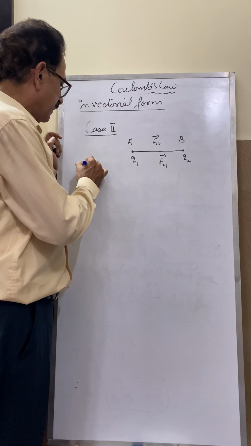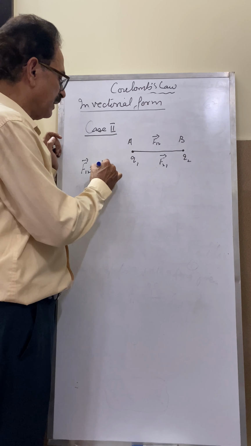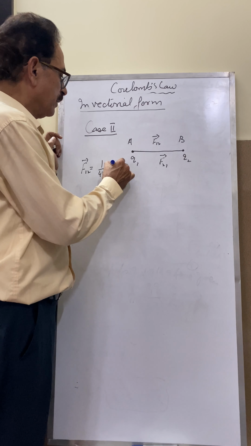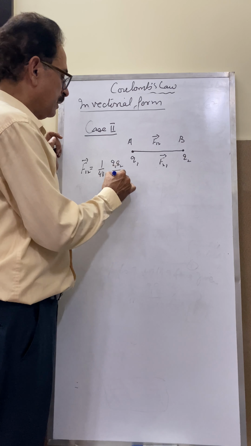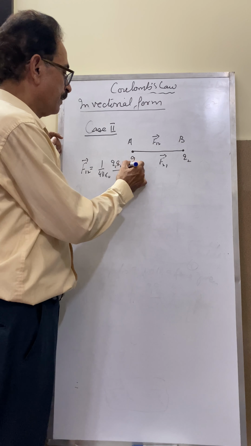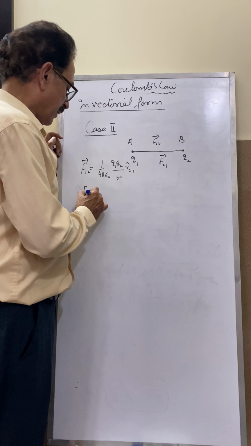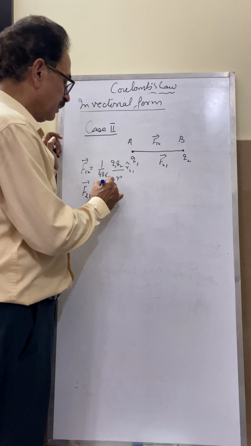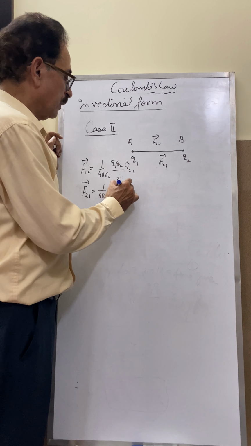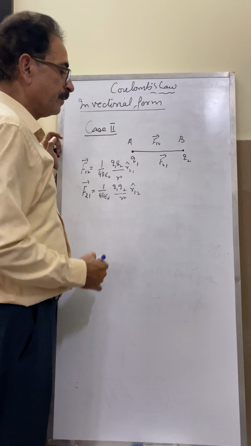According to Coulomb's law, F12 is equal to 1/4 pi epsilon naught Q1 Q2 upon R square R21 cap, and F21 is equal to 1/4 pi epsilon naught Q1 Q2 upon R square R12 cap.